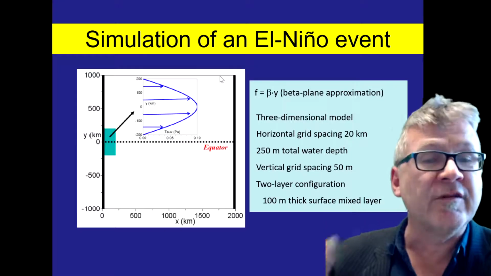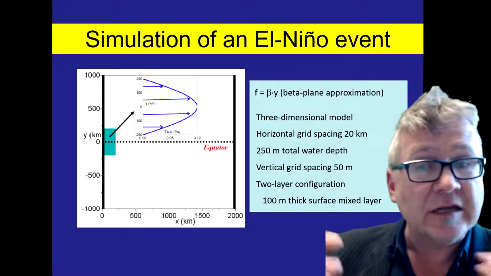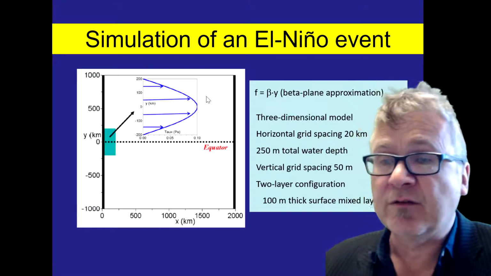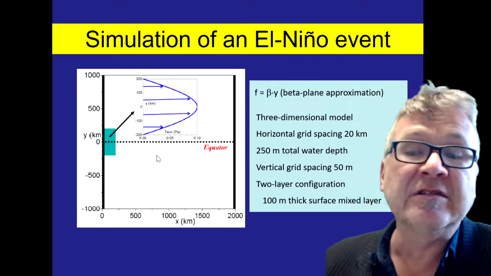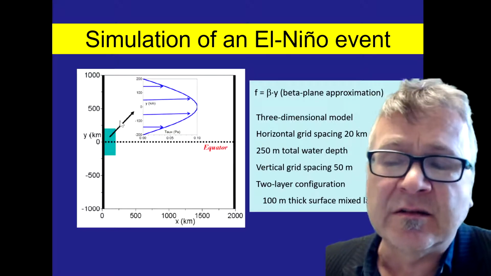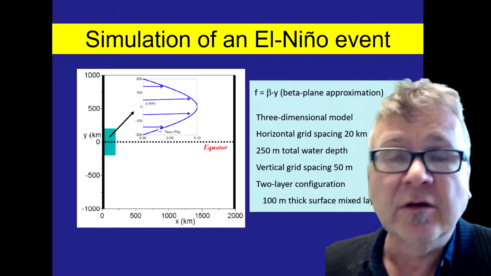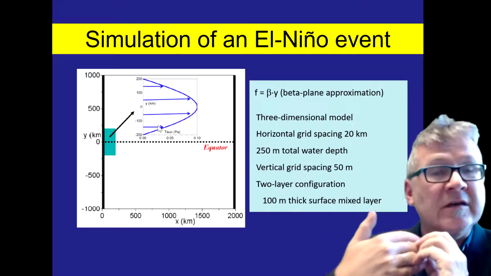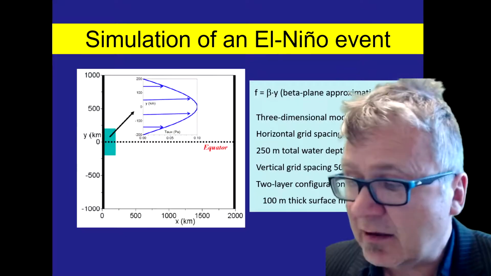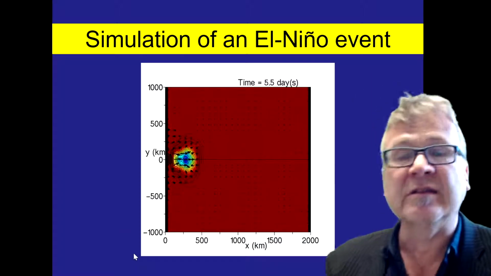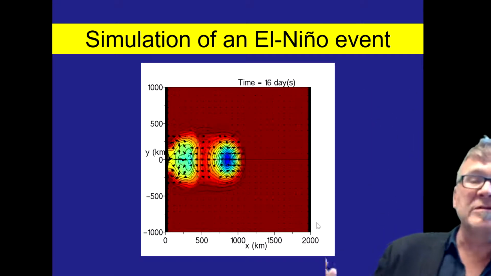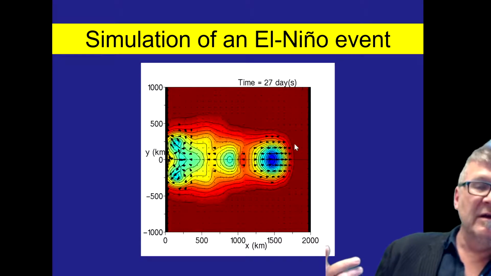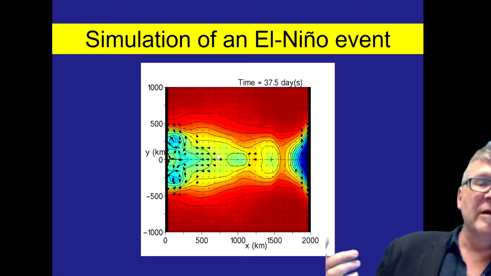And then the model is driven by having a westerly wind burst. And this is the structure of the westerly wind burst. And it's only created here on the western part of the domain. And this is what creates the equatorial Kelvin wave. And let's have a look at it. This is a simulation. The wind burst, and you can see the blue pattern, the wave that propagates along the equator.